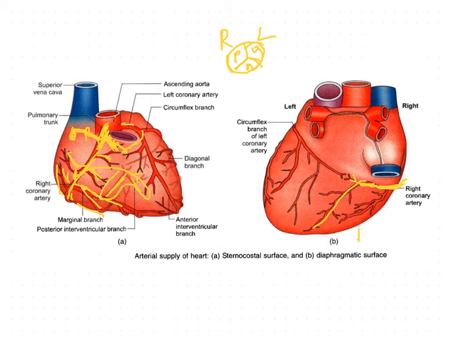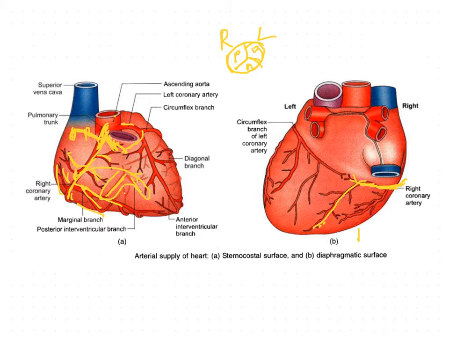It supplies the right atrium, and it mainly supplies the right ventricle, except some part which is adjacent to the posterior interventricular septum. That means a small part of the left ventricle is also associated with the posterior interventricular groove.